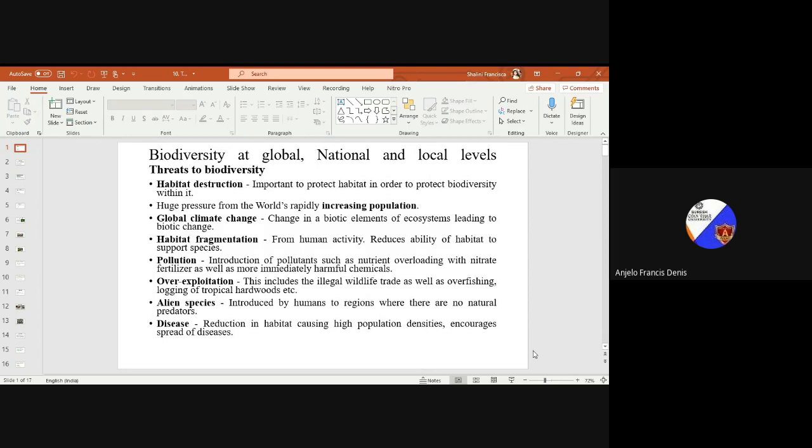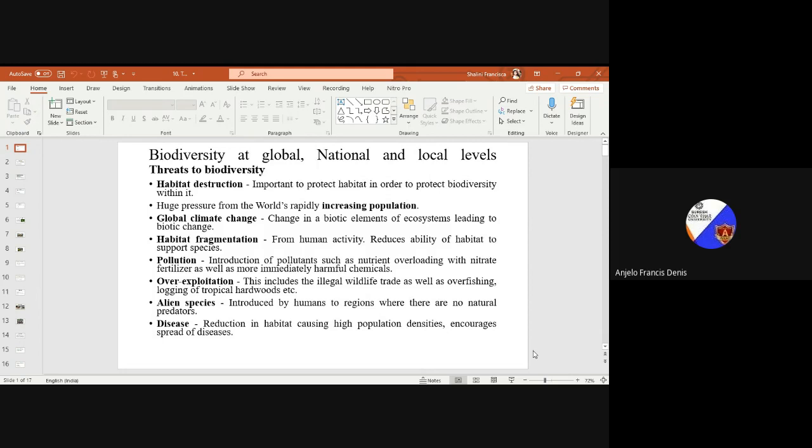So, we see that several human activities lead towards destruction of natural habitat, and thus lead to several negative activities towards natural resources.